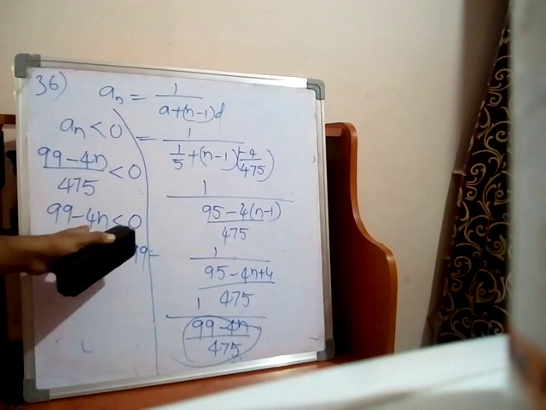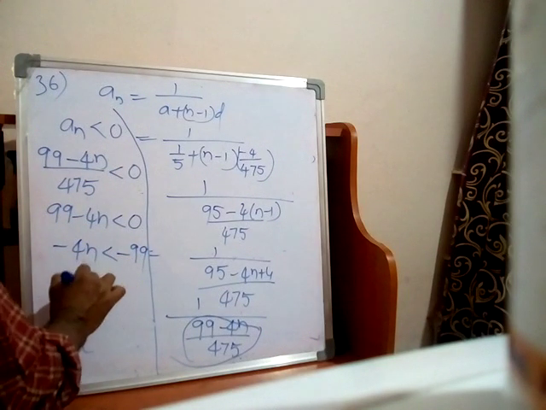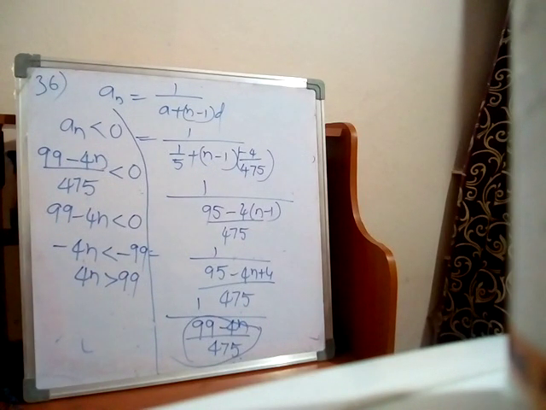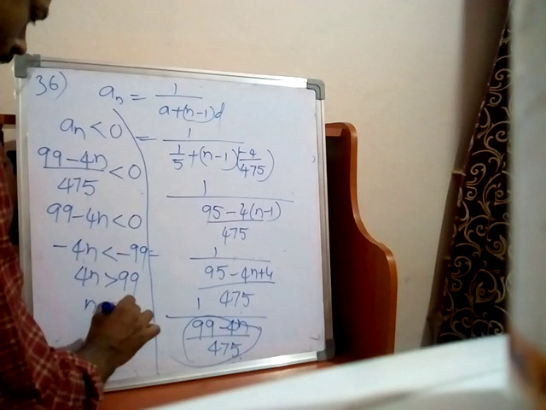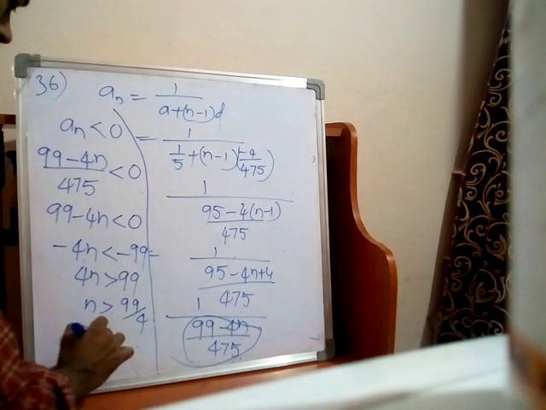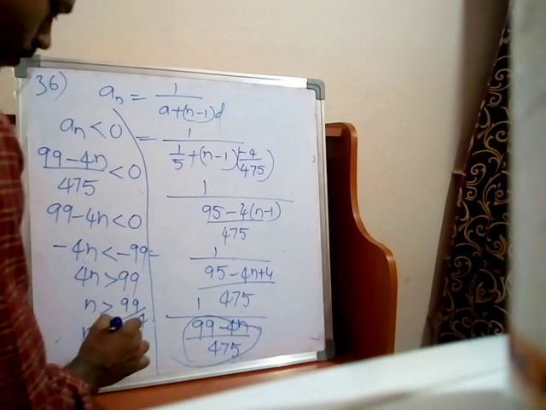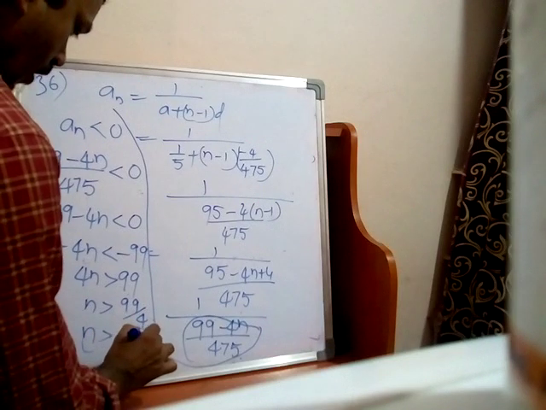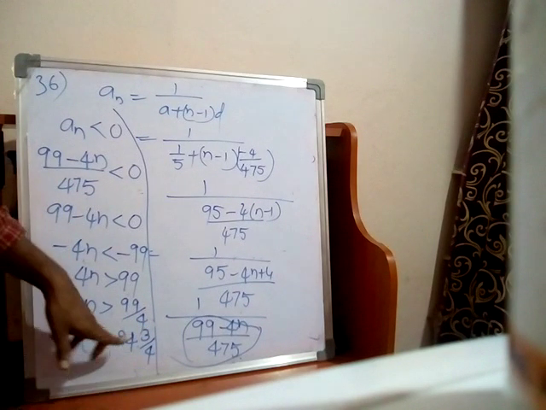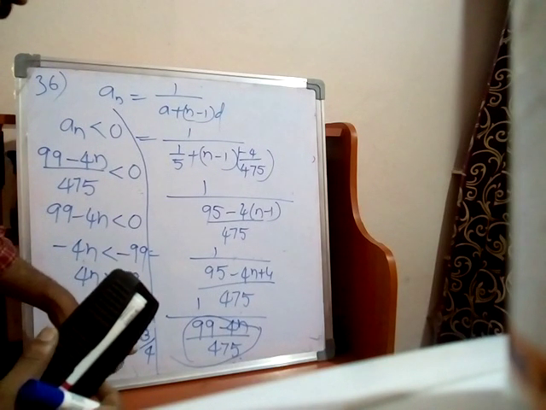Transposing 99 to this side gives a minus. Multiplying by minus, 4n is greater than 99. So n is greater than 99 by 4. 99 by 4 means how much? 4 times 24 is 96, so 24 and 3 by 4. So n is greater than 24 3 by 4.